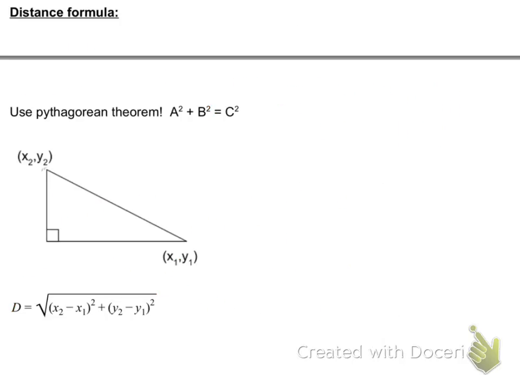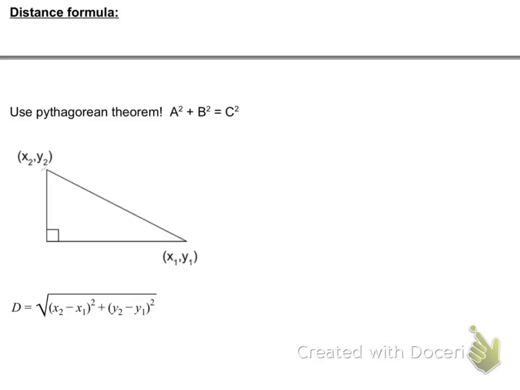So some of us may have already used the distance formula before. We're going to quickly build it using that whole idea of final minus initial. Distance itself is always what? Positive.